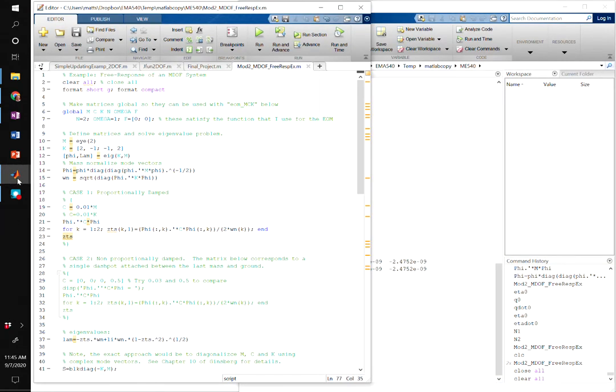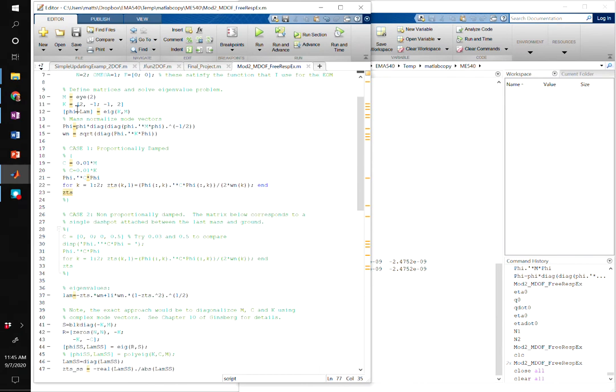All right, so here's the code. We define the equation of motion, and if we didn't know anything about damping, we would solve the eigenvalue problem as we talked about last time.